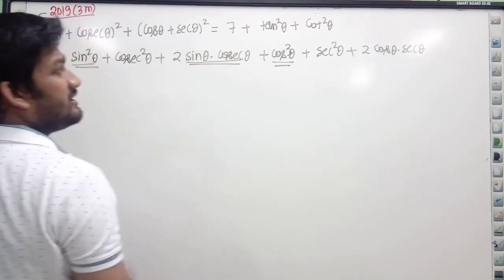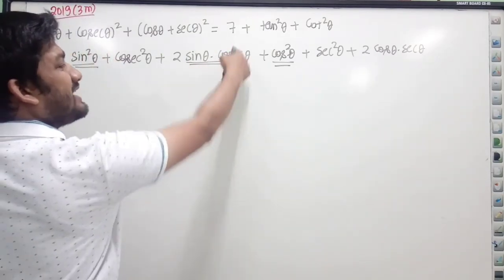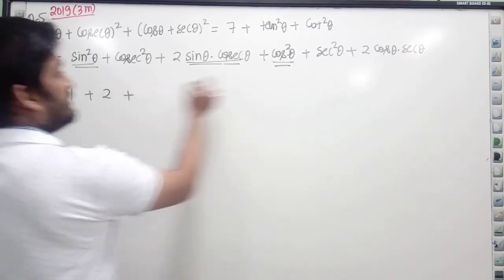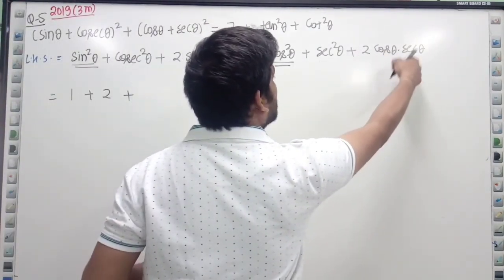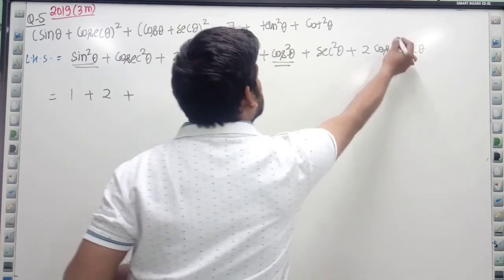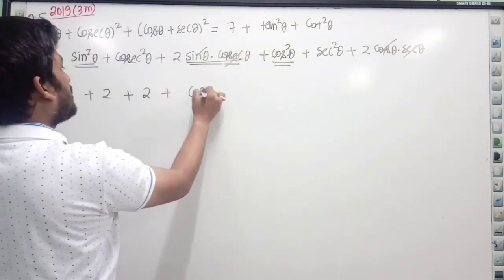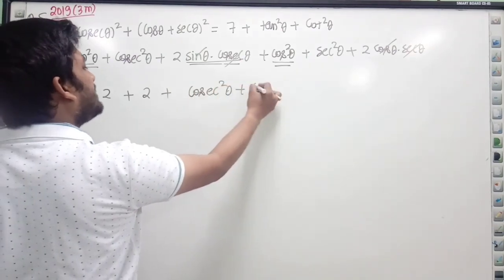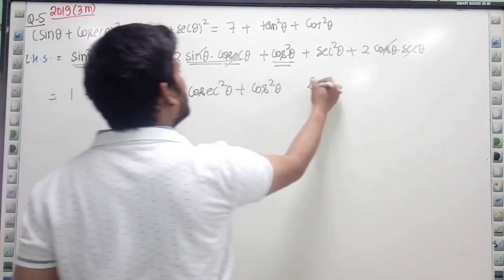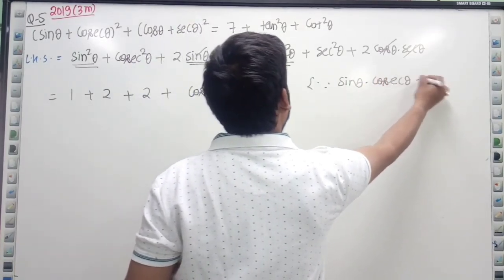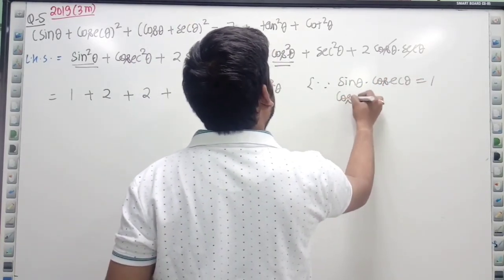Because cosec is 1 upon sin, the sin will cancel. Likewise cos into sec is 1, because sec is 1 by cos, so these will be cancelled. Then cosec square theta plus sec square theta. What I have written: sin theta into cosec theta equals 1, cos theta into sec theta equals 1.